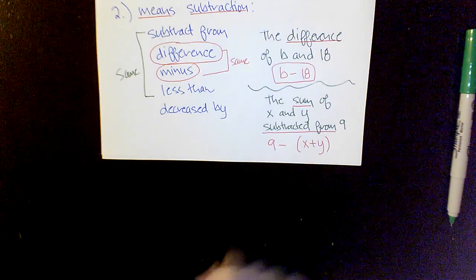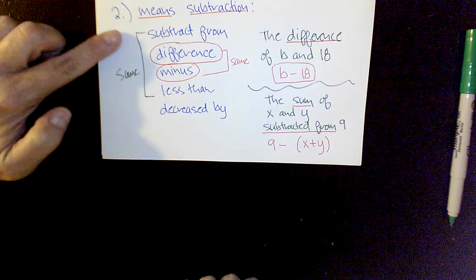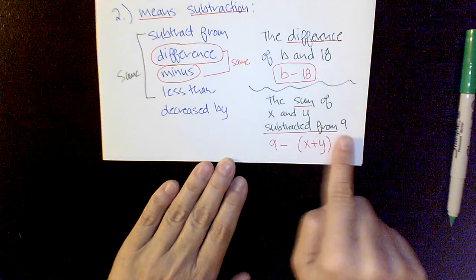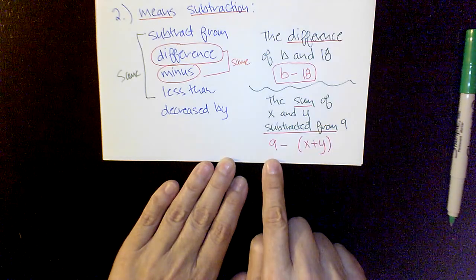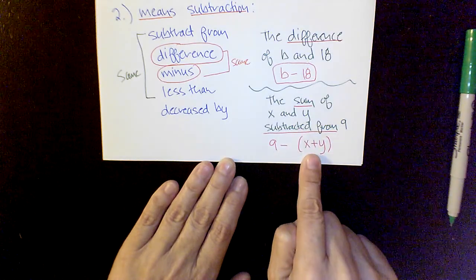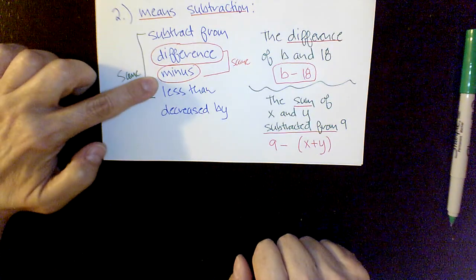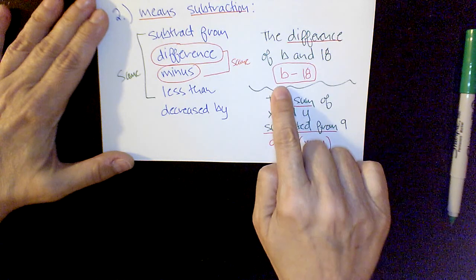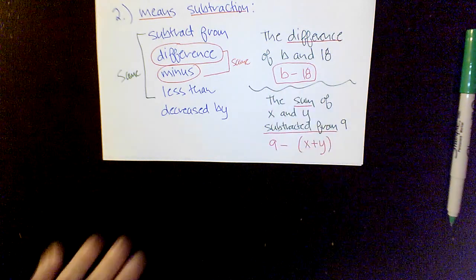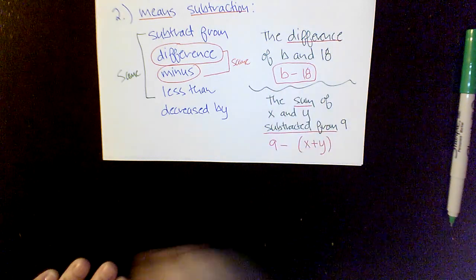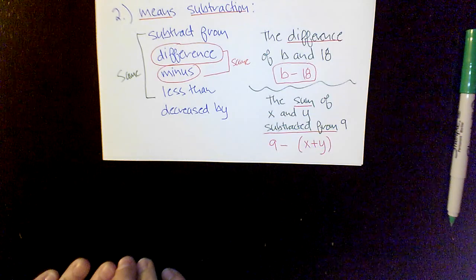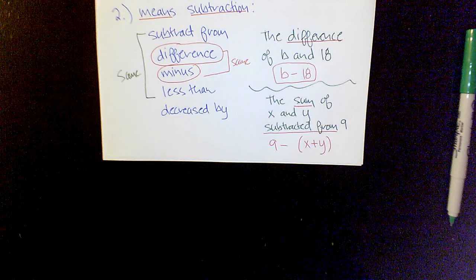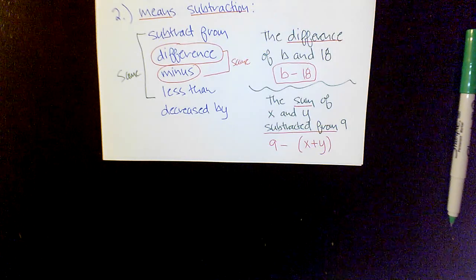So if you see subtract from or less than, the subtracted from part comes first, and this comes second. If it's just a difference or a minus, just write it out as it's written, like b minus 18. Do you see the difference between those two? If you need to, you can always go back and rewatch the video or pause.